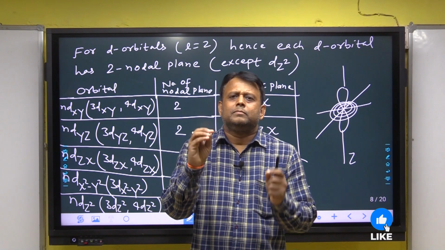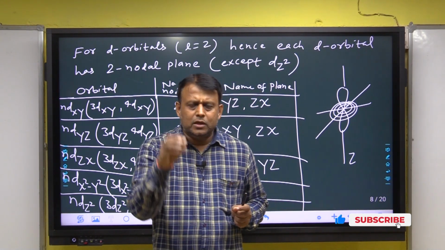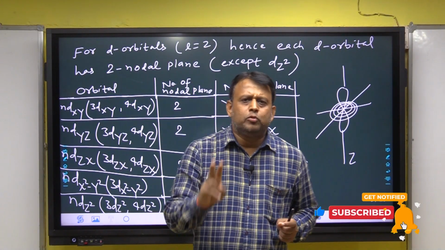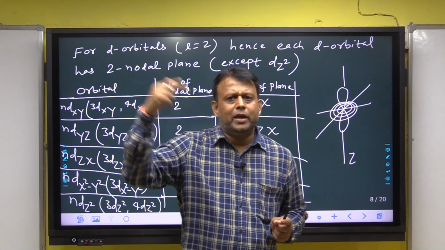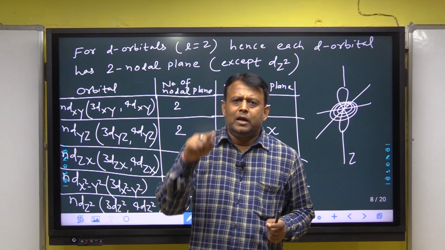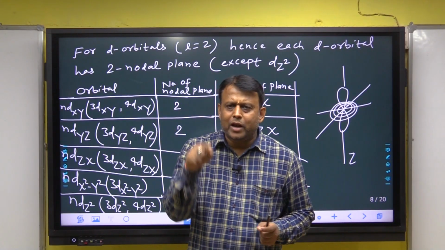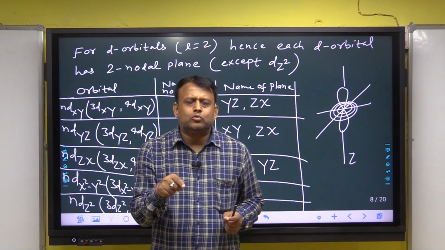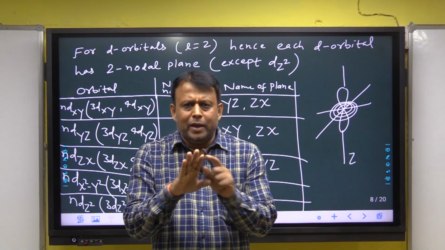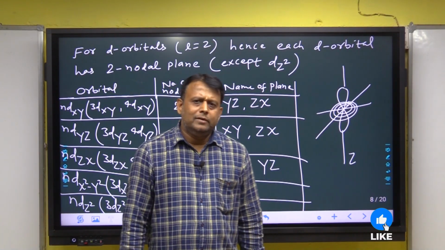For any dzx, that means 3dzx, 4dzx, 5dzx, number of nodal planes is 2, and the planes will be xy and yz. And for any dx square y square, that is 3dx square y square, 4dx square y square, number of nodal planes is 2, but the name of planes cannot be predicted.